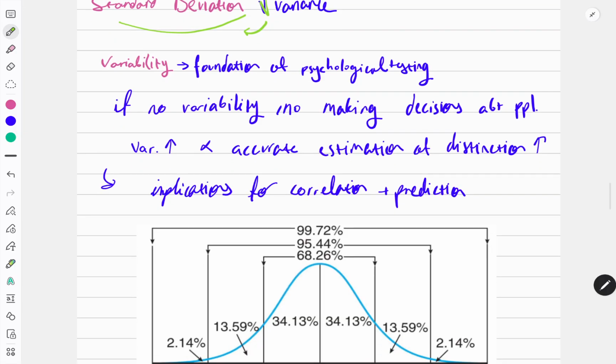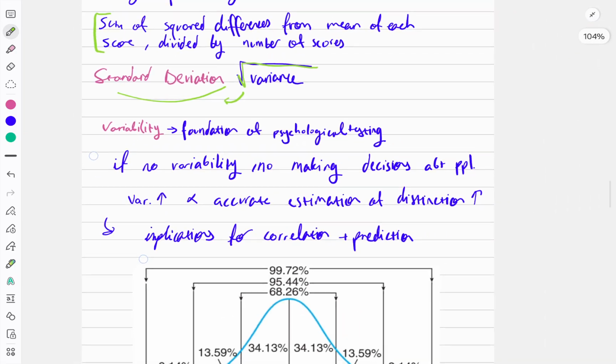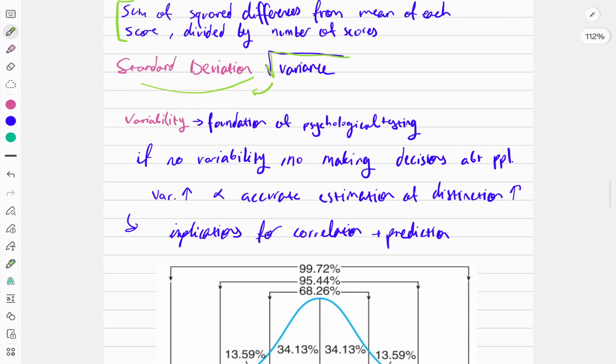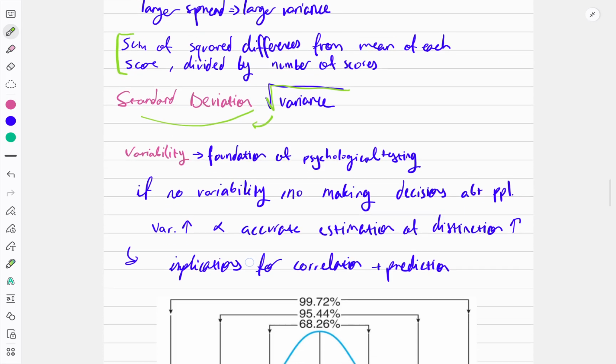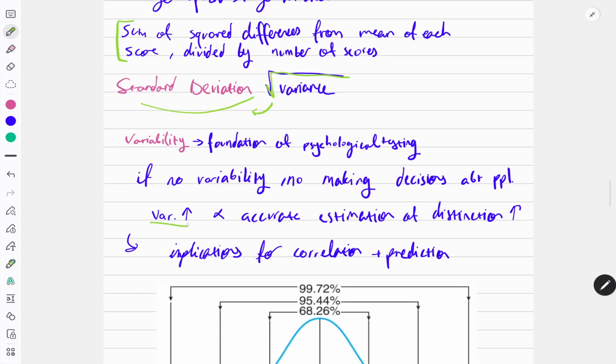So variability is the foundation of psychological testing. If there is no variability, there is no making decisions about people. So we need variability. If we have variability, then we have an accurate estimation about the distinction.